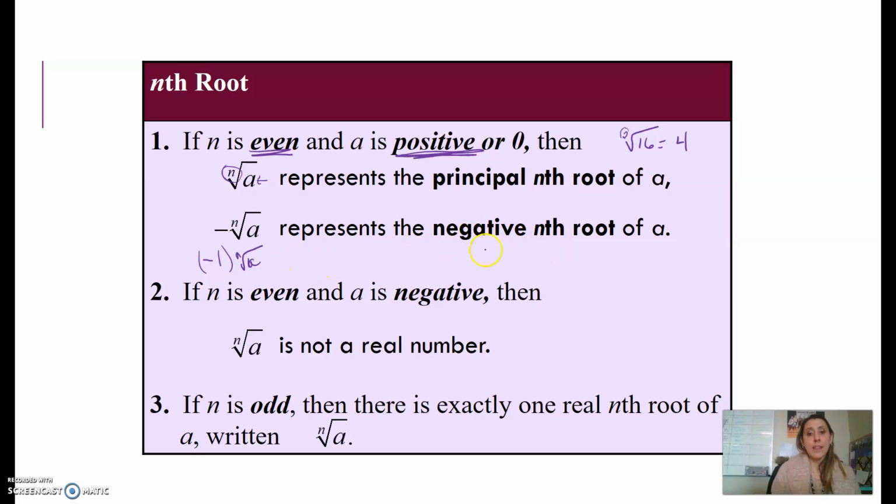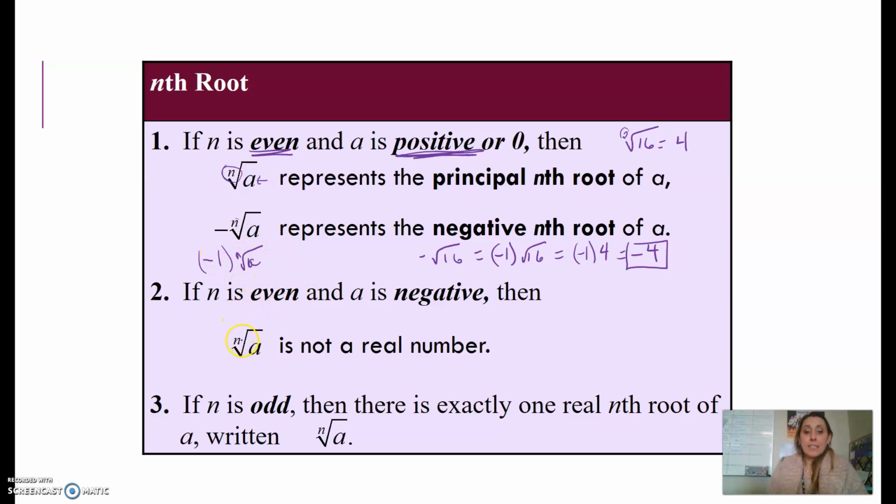So if we took the negative square root of 16, that would be -1 times the square root of 16, which would be equal to -1 times 4, which is equal to -4. So the answer would be -4. If the negative is out front, then it's like a -1 being multiplied by the radical. Even if this is an odd number, that's still true.